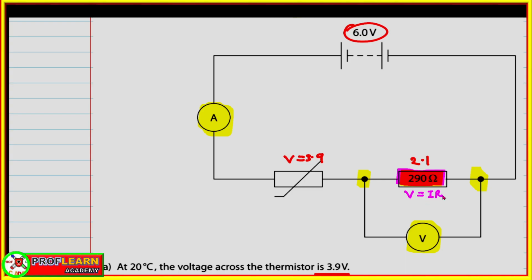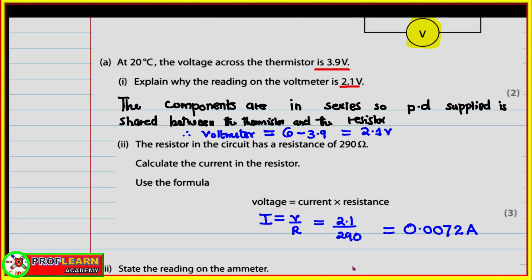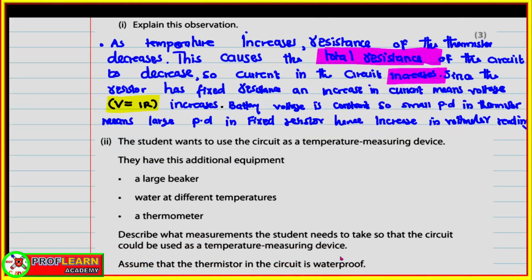So if current increases and resistance remains the same, then the PD, or the voltmeter reading, is going to be higher. So basically that's what you are going to say in that particular question.